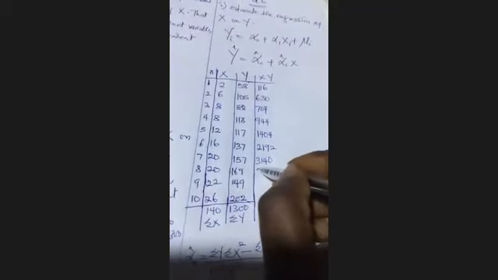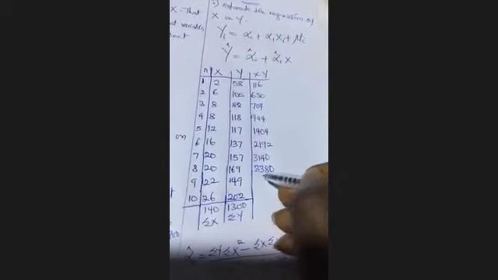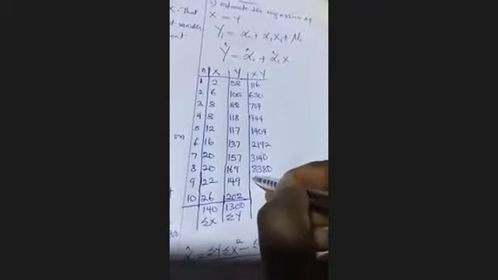Then 2192, then 3140, then 3380, then 3278.